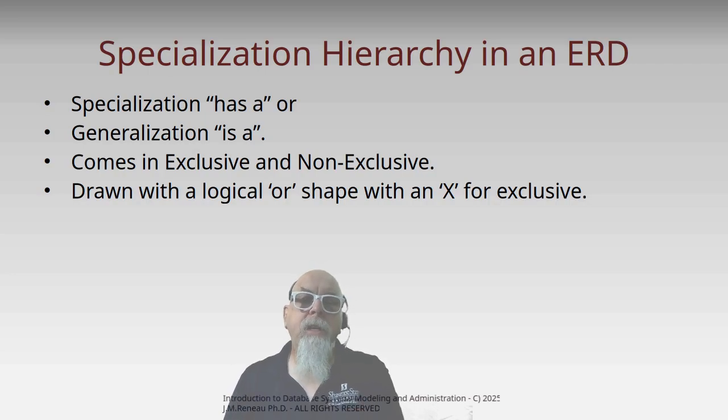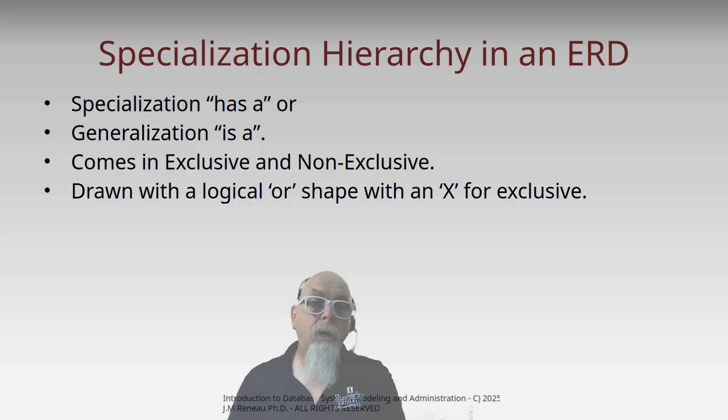In our discussion of the conceptual data model, we talked about specialization and generalization, the has a relationship and the is a relationship. We talked about they come in exclusive and non-exclusive manners. For instance, a vehicle can only be a car or a truck or a motorcycle. It can't be multiple, where a person could be multiple roles in the specialization.